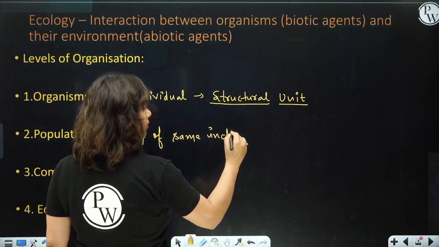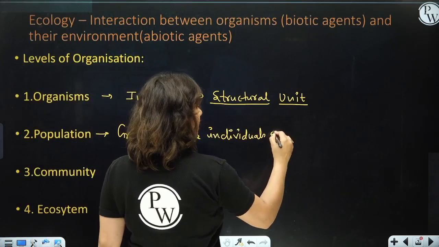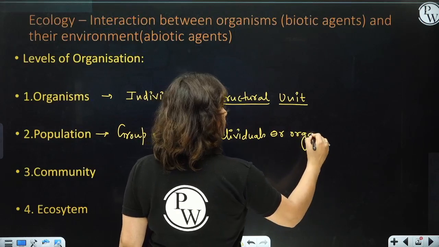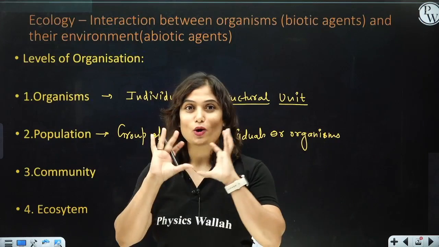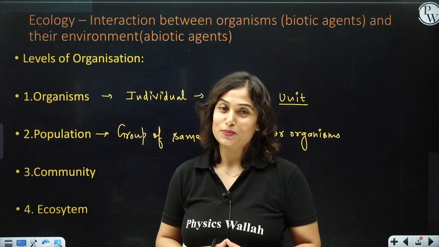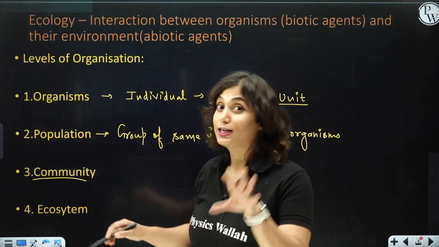After organisms, the bigger level is a group, and that group is called a population. And then after population comes the community.